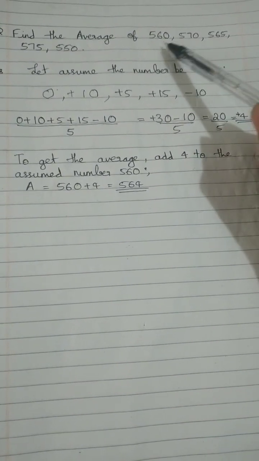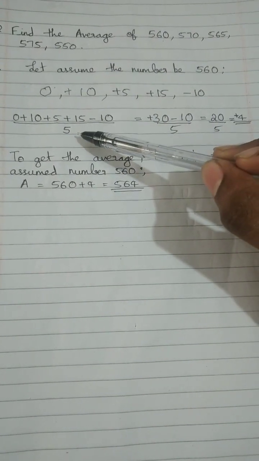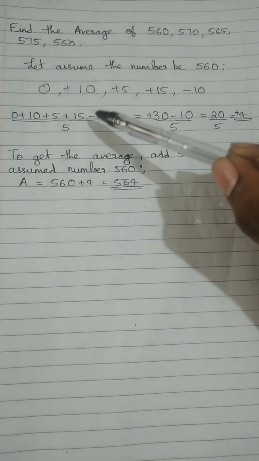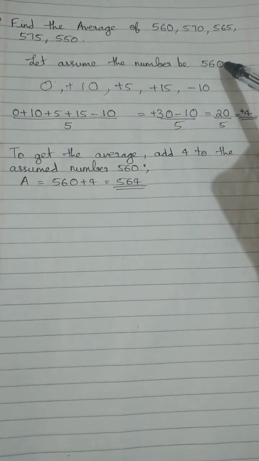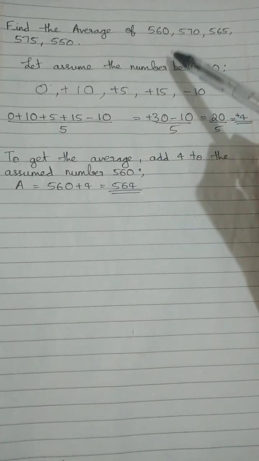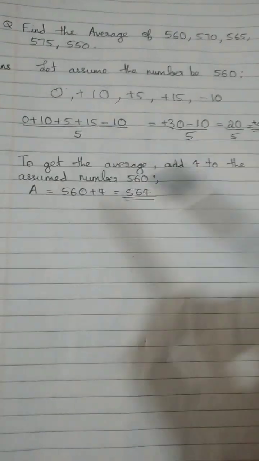So we don't have to add these numbers and divide by 5. Just assume a number close to them and check whether each is greater or lesser than the assumed number, add it up and divide by the count of numbers.